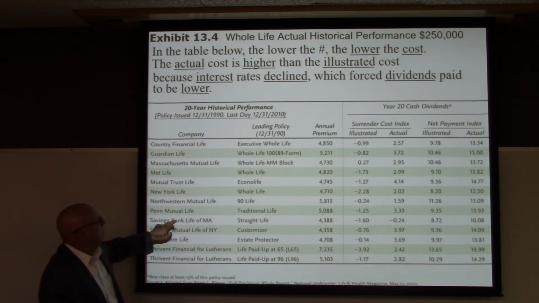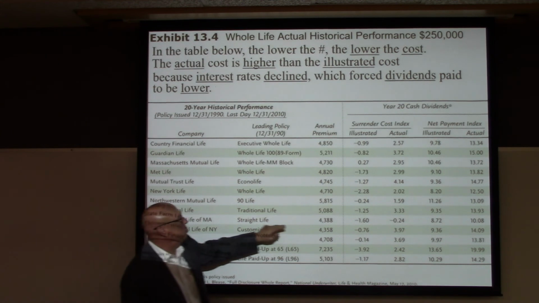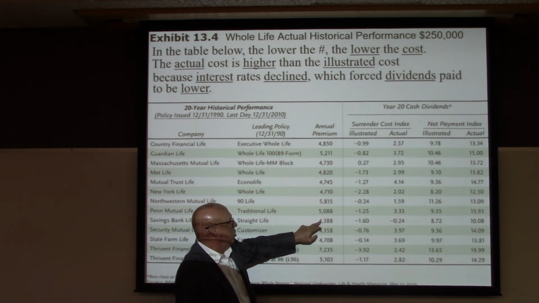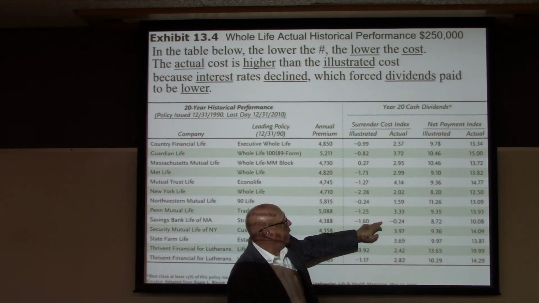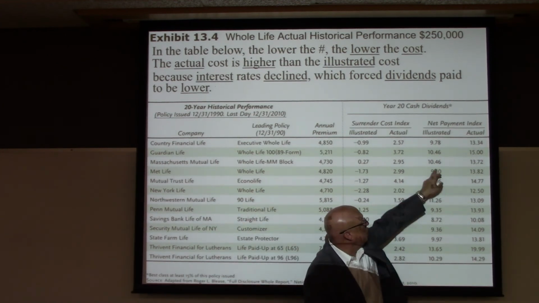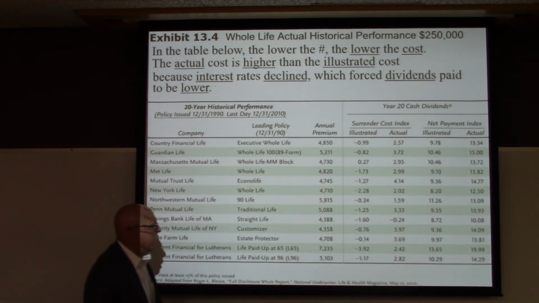So this is going to be the cheapest policy out there, but it's not fair simply to look at premiums. You have to look at the surrender cost, and you have to look at the net payment cost to determine how they stack up.